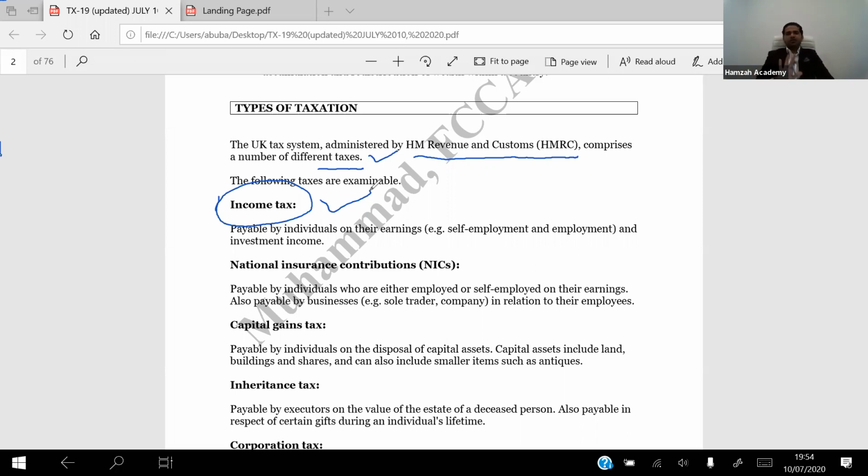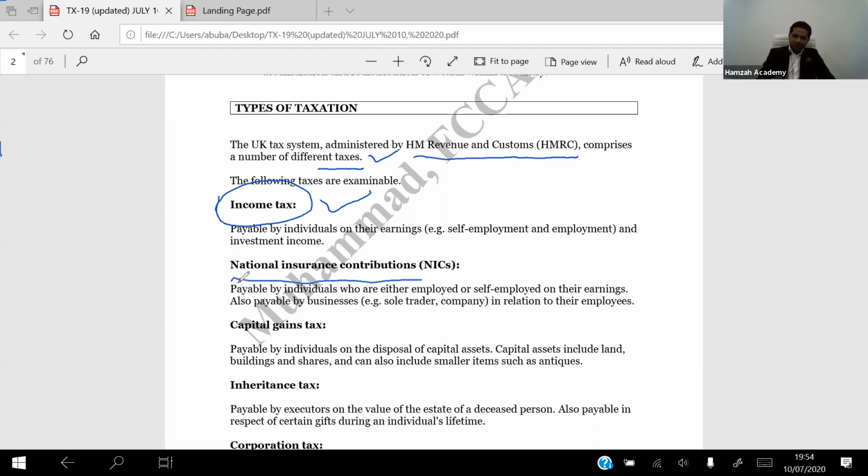When it comes to individuals working as an employee somewhere, or individuals having their own venture, a dentist having his own shop, an IT expert giving freelance expertise to people, both employed and self-employed people, when it comes to the area where we deal with individuals, income tax is the definition.